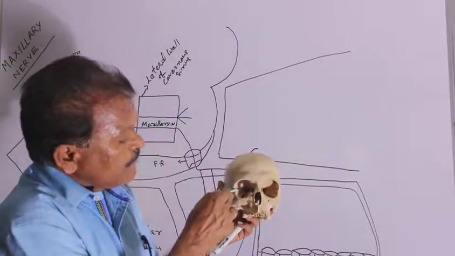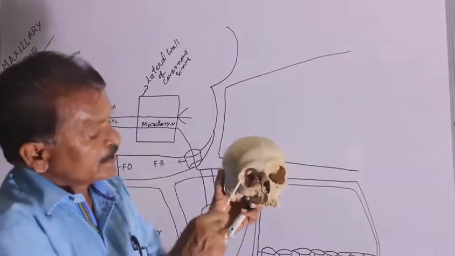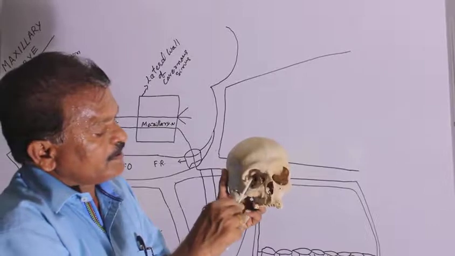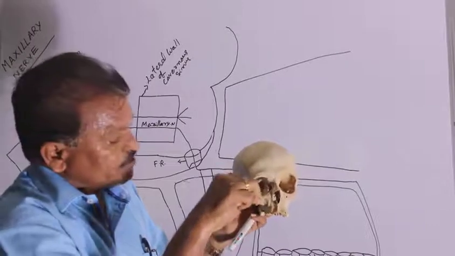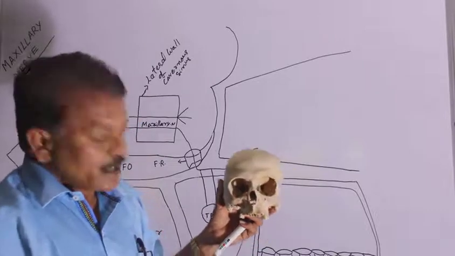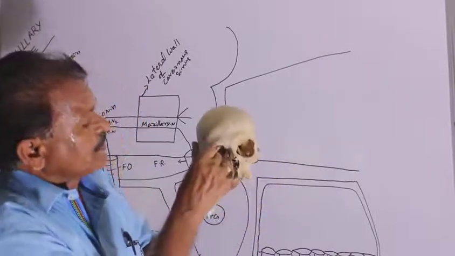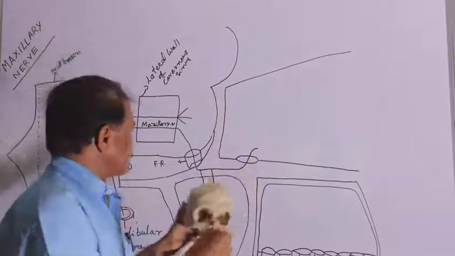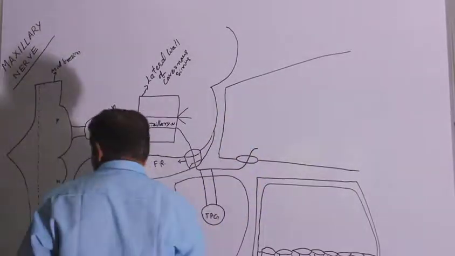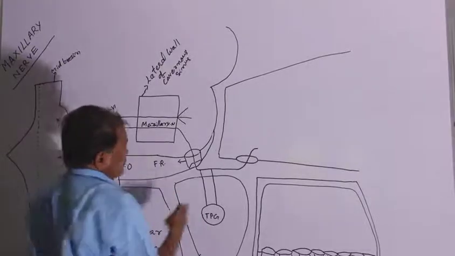This is the lateral wall of the orbit, and this one is the medial wall of the orbit. In the floor of the orbit there is this gap, and this is called the inferior orbital fissure.